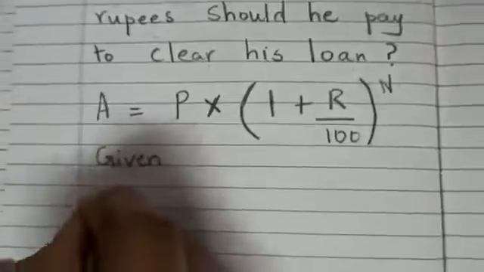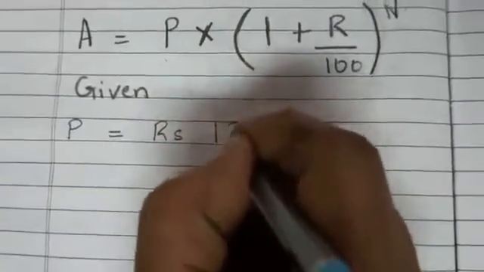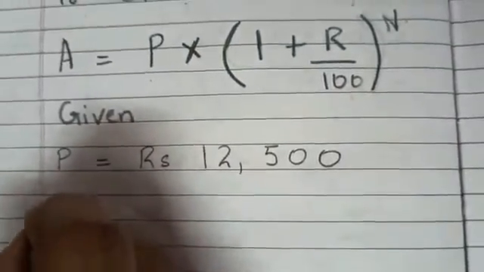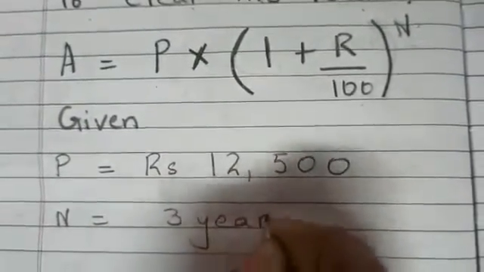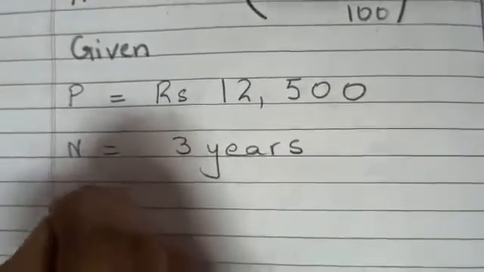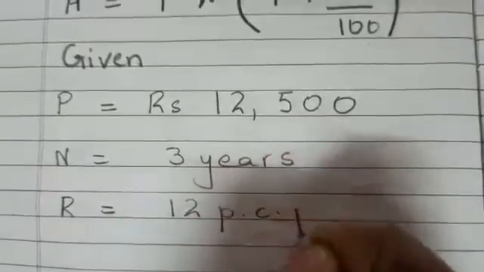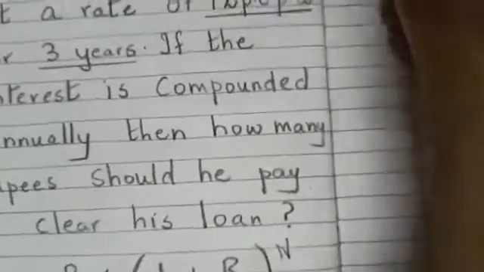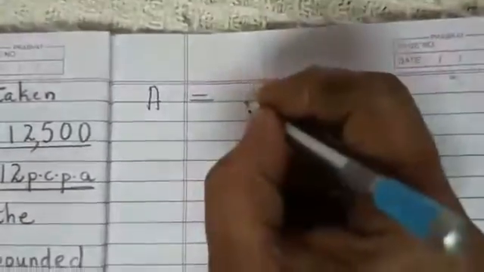So P is equal to rupees 12,500, N is equal to 3 years, and R is equal to 12% per annum.